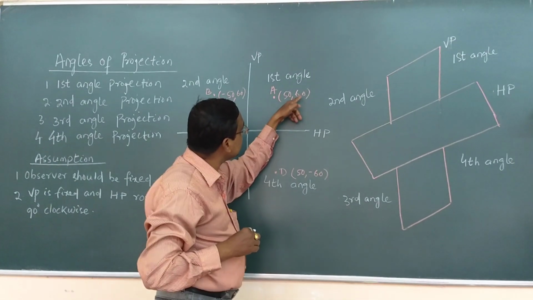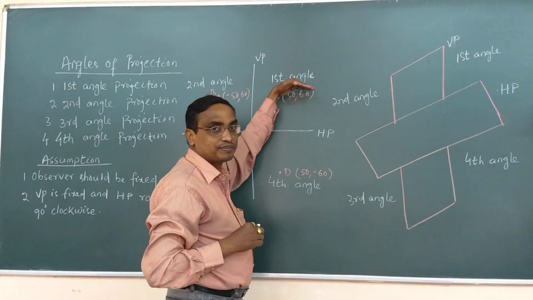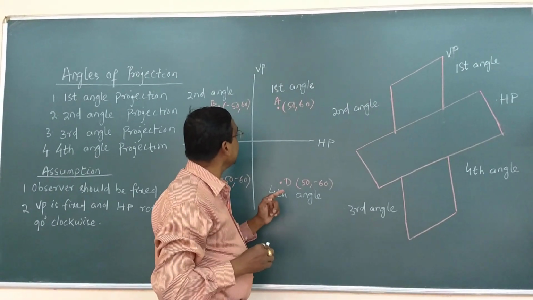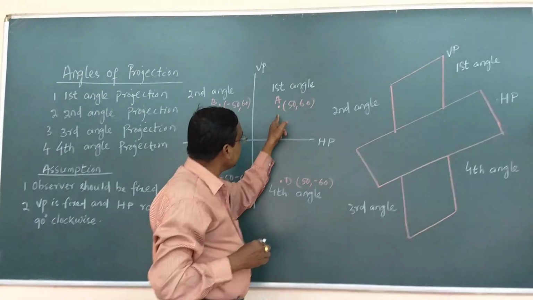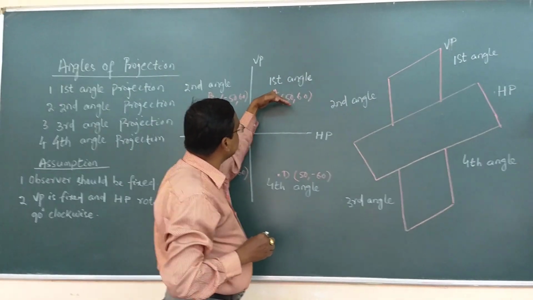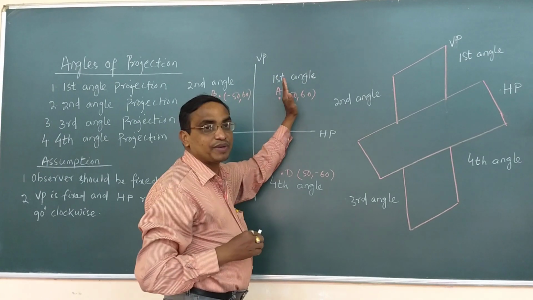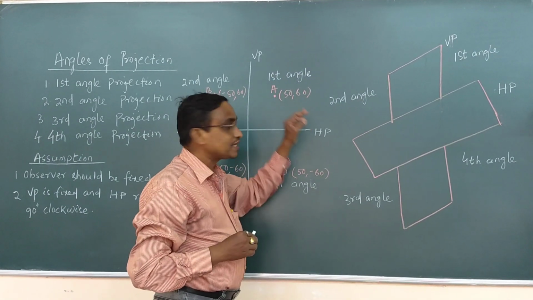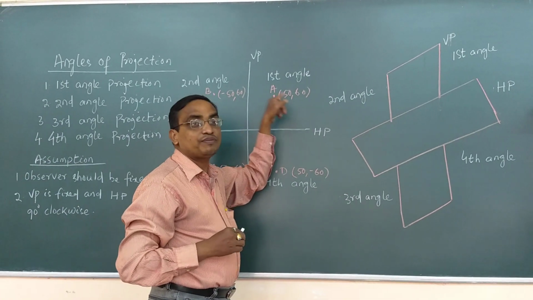Y value means distance from x axis, means HP. In drawing language, we can say point A is 60 mm above HP and 50 mm in front of VP, means it indicates the position of point A in first quadrant.